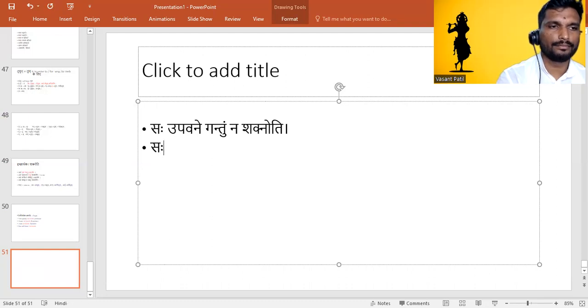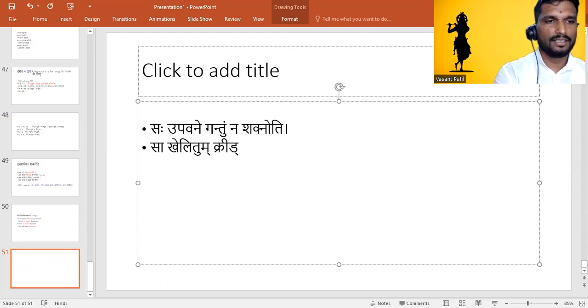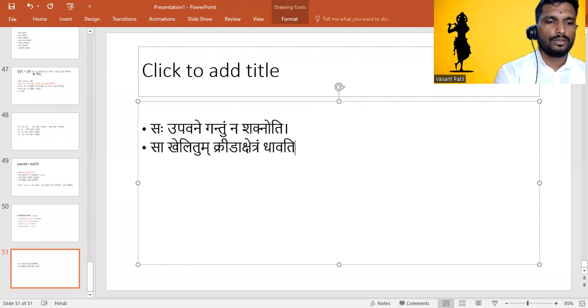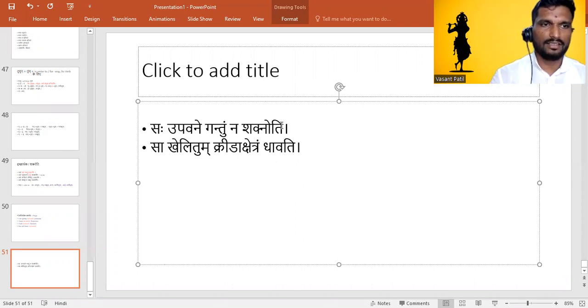Sa khelitum krida kshetram dhavati. So, in order to play, she runs towards the Krida Kshetra.